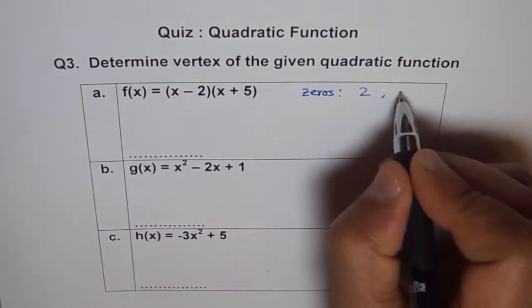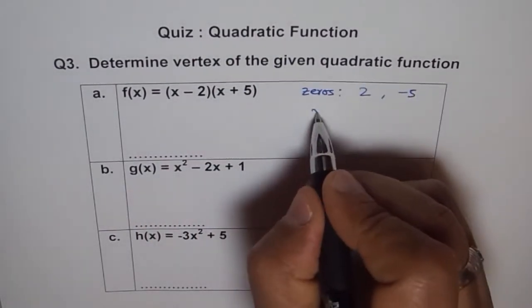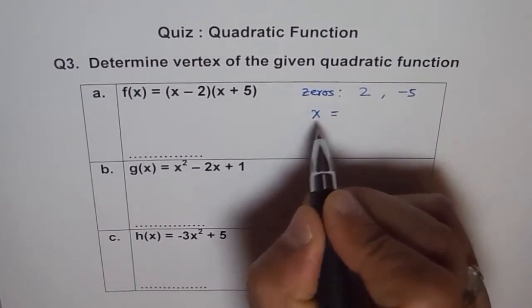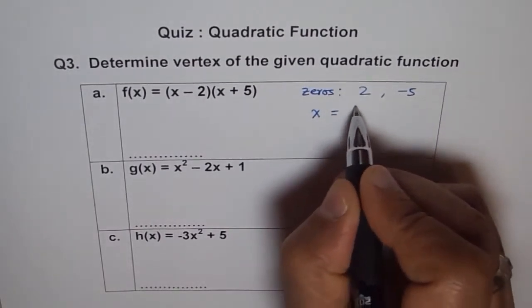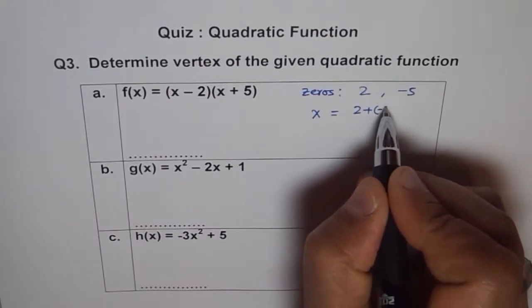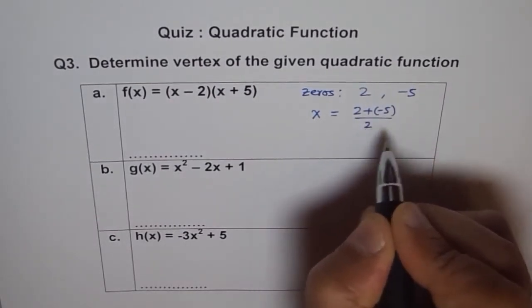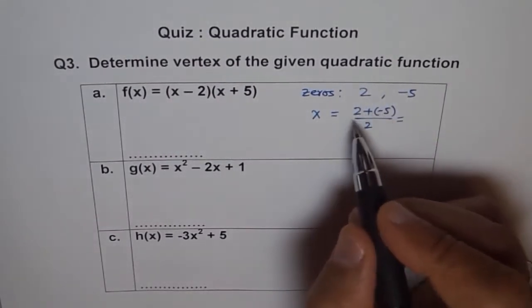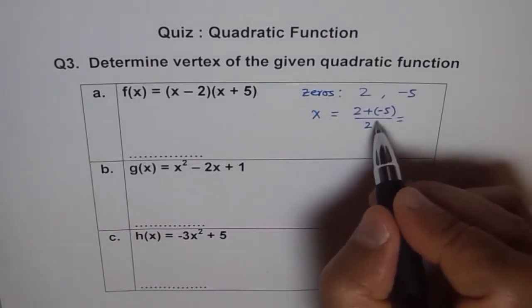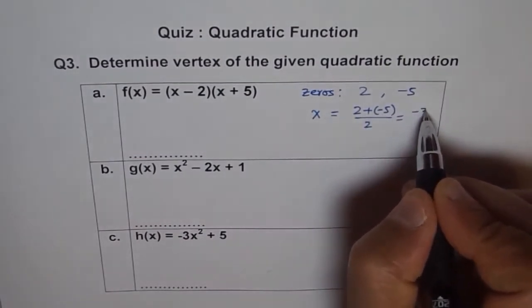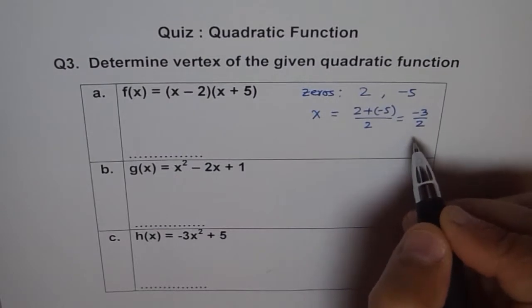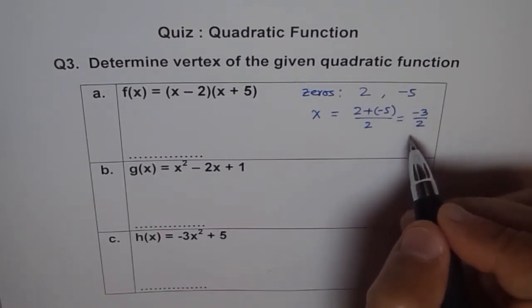So minus 5, right? Now axis of symmetry is at x equals, add them, divide by 2. So we get 2 plus minus 5 divided by 2, which will give us a value minus 3 over 2, right? Minus 3 over 2. So we get x value as minus 3 over 2.